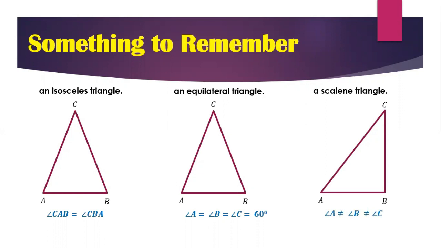Angle A is not equal to angle B and it's not equal to angle C. That's the properties of a scalene triangle. But generally, for all these triangles, angle A plus angle B plus angle C equal 180 degrees.